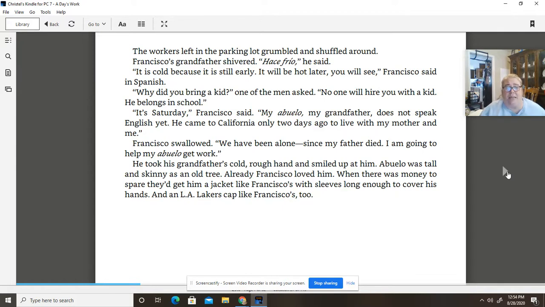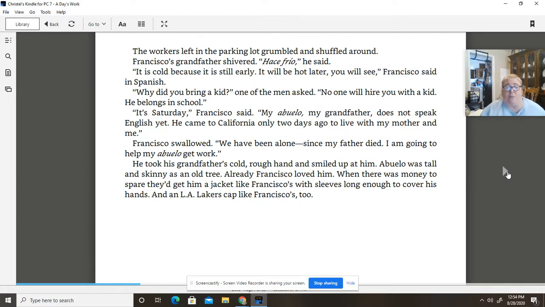"Why did you bring a kid?" one of the men asked. "No one will hire you with a kid. He belongs in school." "It's Saturday," Francisco said. "My abuelo, my grandfather, does not speak English yet. He came to California only 2 days ago to live with my mother and me." Francisco swallowed. "We have been alone since my father died.